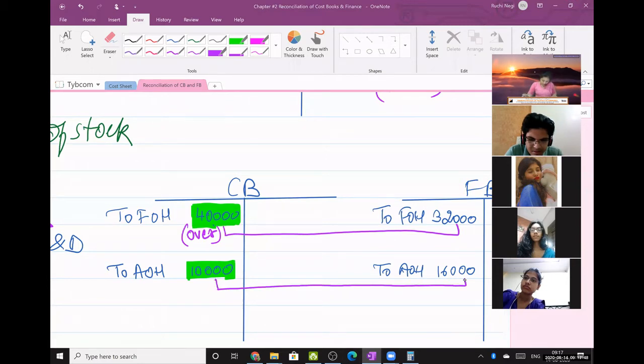Hinal, Sanya, Tanisha, Aditi, Nandini, Asmita, Samidha, Shruti, Sharon. Okay, very good, students. It's an example of under recovery. So this is an example of under recovery. अभी समझ गया ना? Okay.